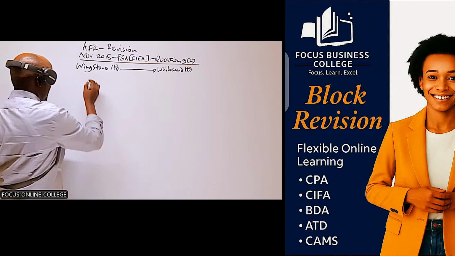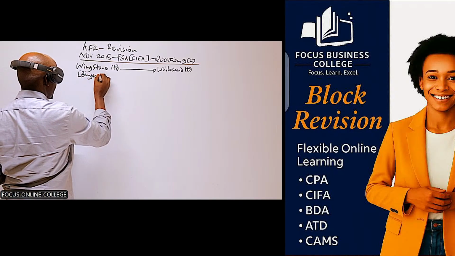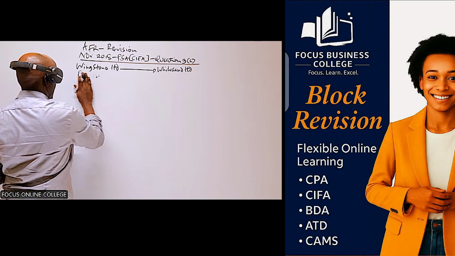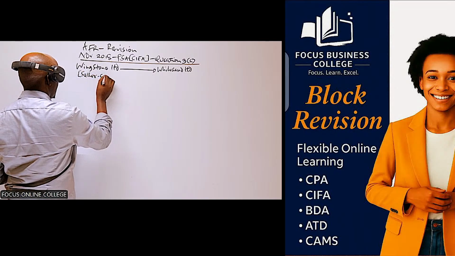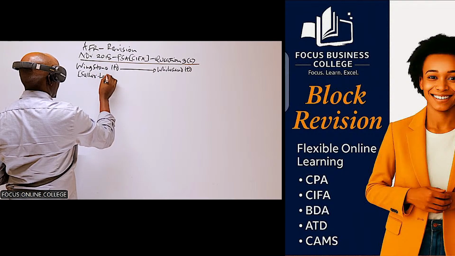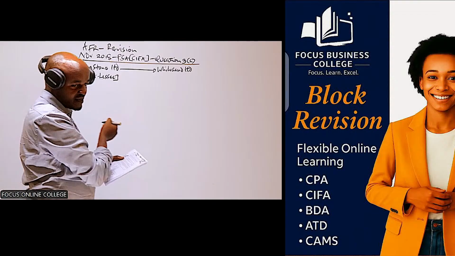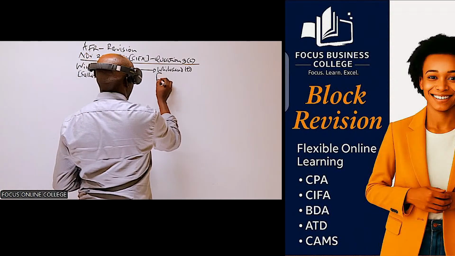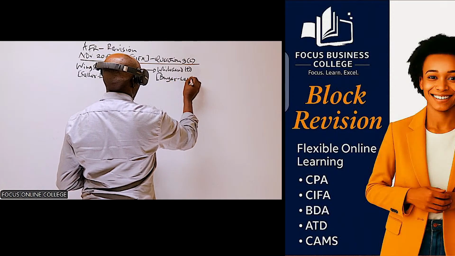It basically means that this company will be the seller, lessee. So this company sold the machine and immediately leased back the machine. This company here will be the buyer, lessor.